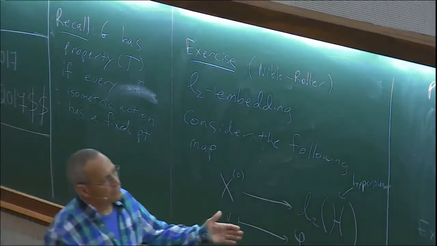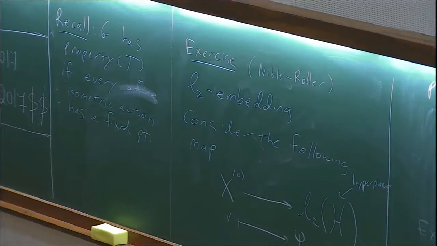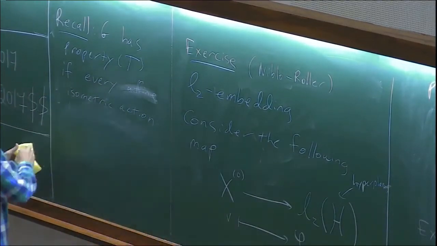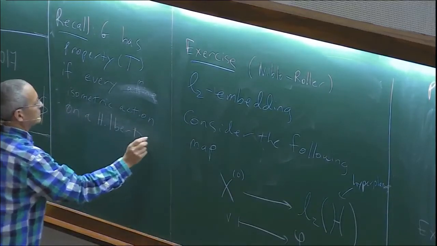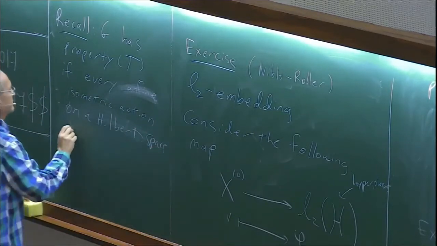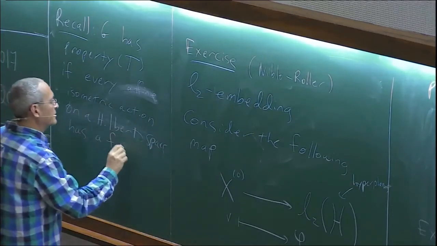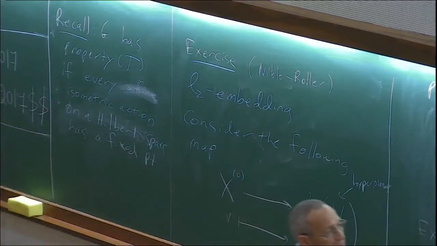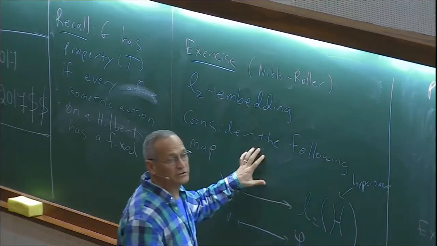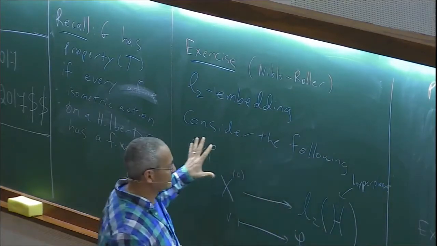So in particular, if you've got a group acting on a Hilbert space, this would tell you that whenever you manage to get an action without a global fixed point on a cat-zero cube complex, then it doesn't have property T. Okay, there's also a notion of a-T-menability, which is a proper action.